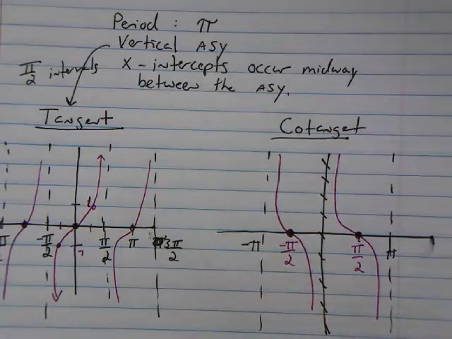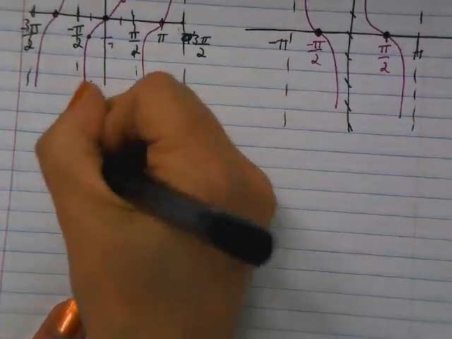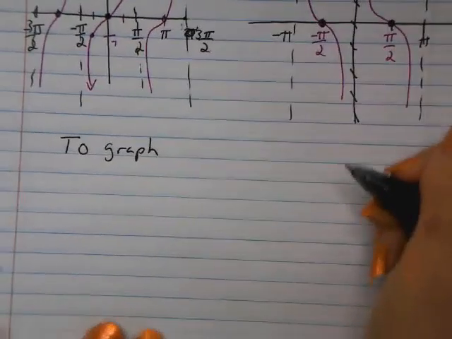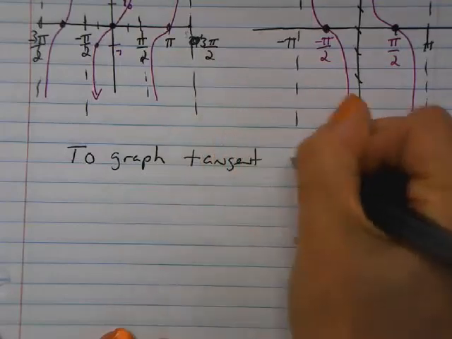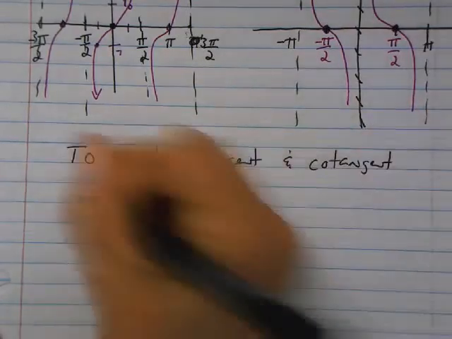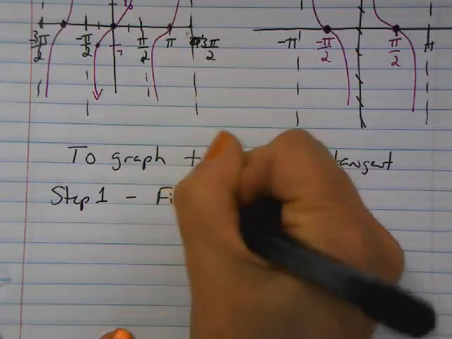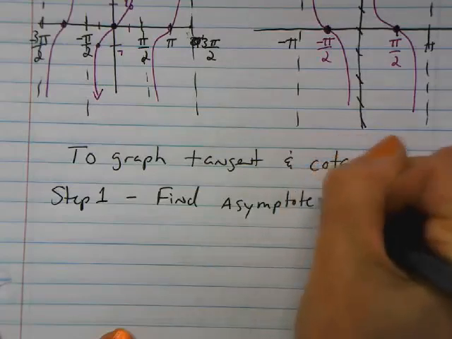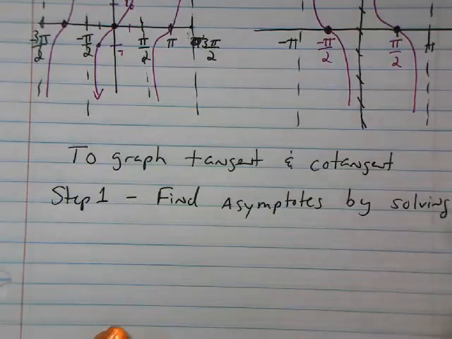Alright, so now let me teach you how to graph these functions. We're going to graph these slightly different than we did sine and cosine. To graph the tangent and cotangent, step 1: you're going to find those vertical limitations by solving.